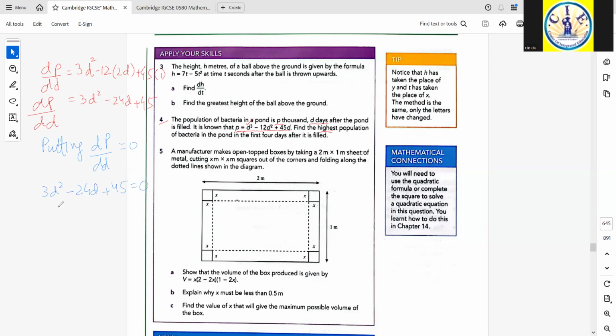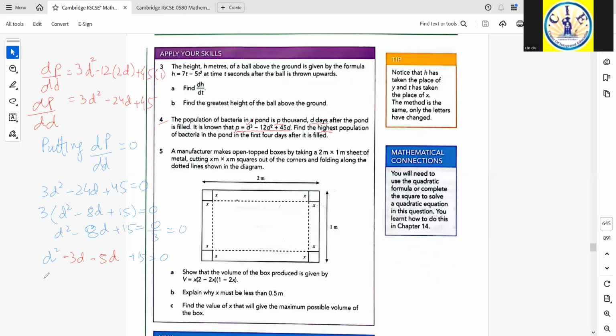Now this is a quadratic equation, so we can take 3 common, d squared minus 8d plus 15 equals 0. Now we need the factorization of this 15, which could be negative 3d minus 5d.